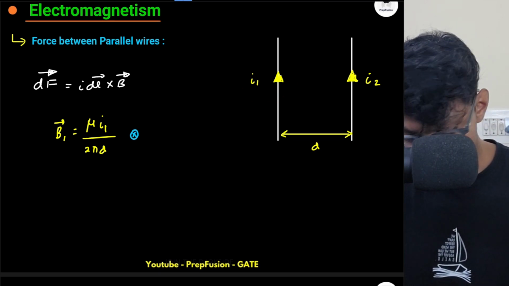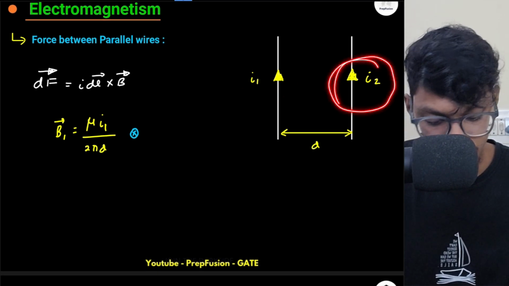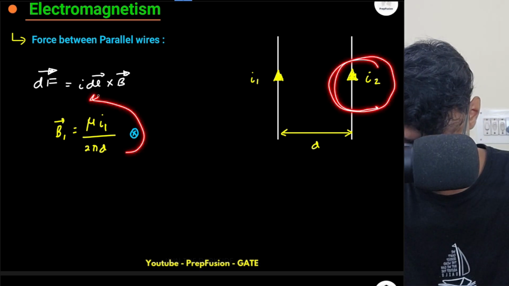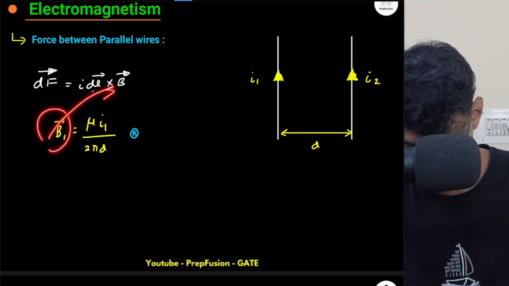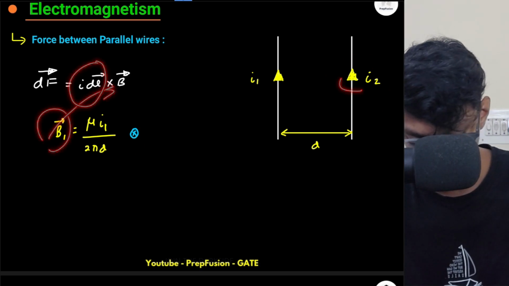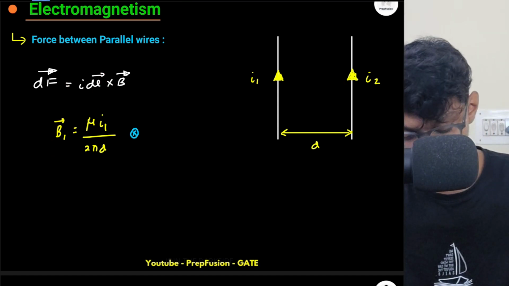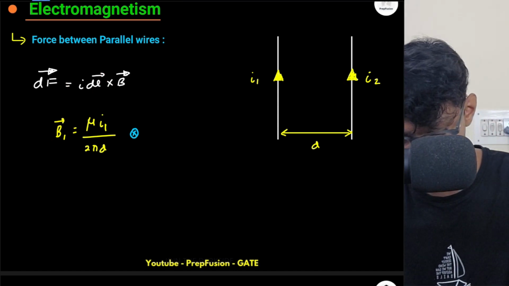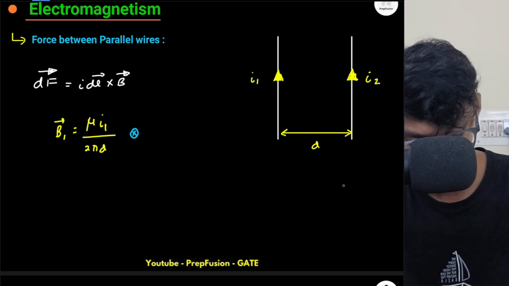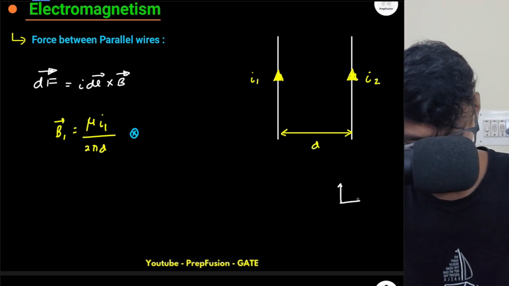That is fine. Now I need to find the force. Force will be this, right? I will replace B1 here, and I will replace I dL with I2 dL. In what direction is I2? Let's assume a reference for now. This is nothing fixed.